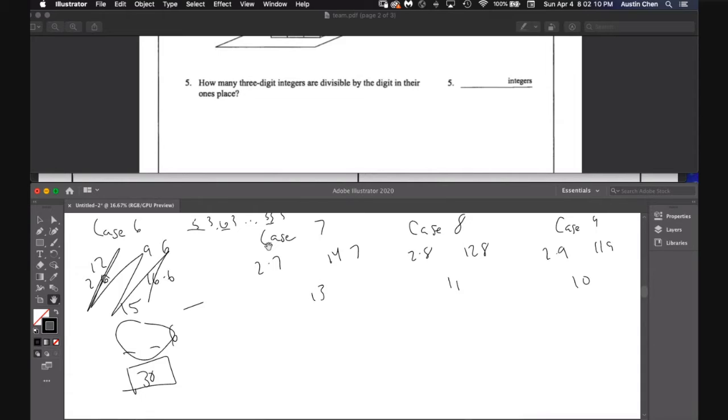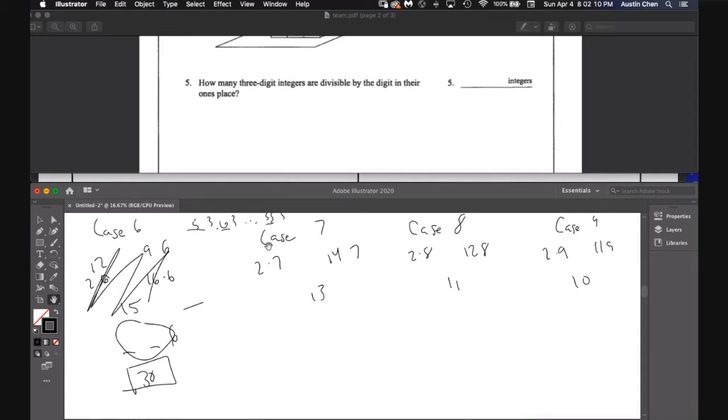But like Bill said, let's say we have a 7 here, and the two-digit number here is called x. Then the actual value of this number would be 10 times x plus 7, right?